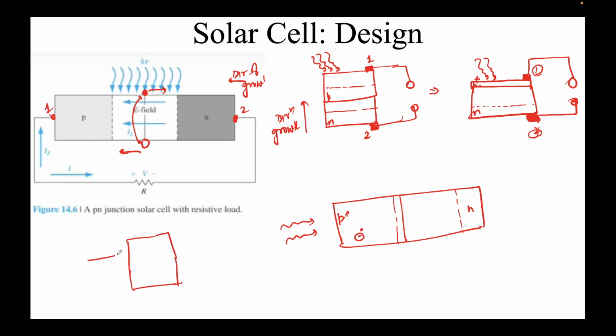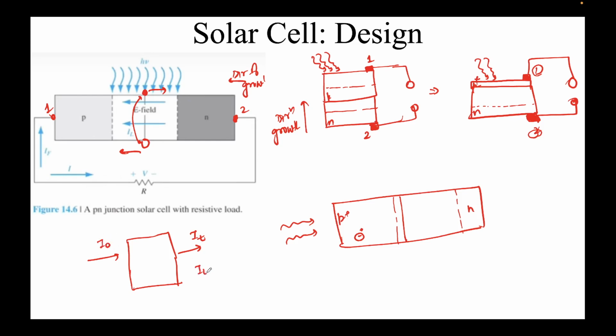So let's say light of intensity I naught is falling here, and let's say the transmitted is IT, for any given wavelength that is falling. So this is a ray of photons coming here.